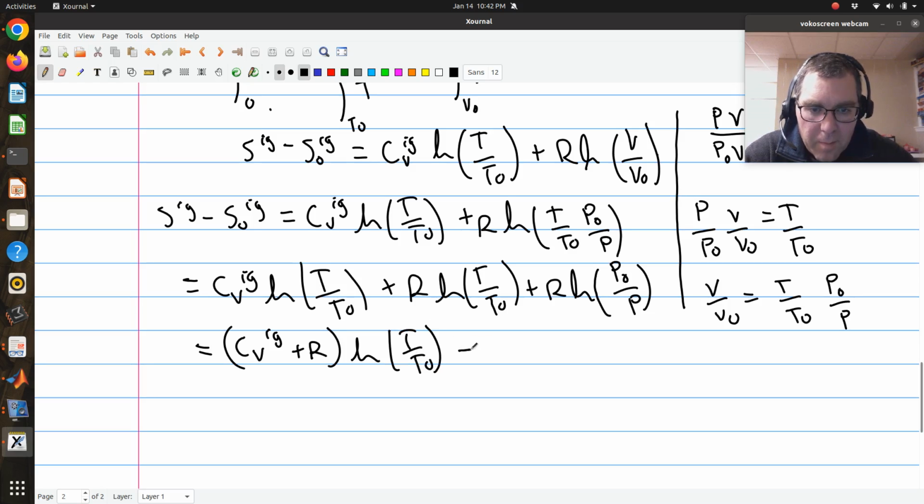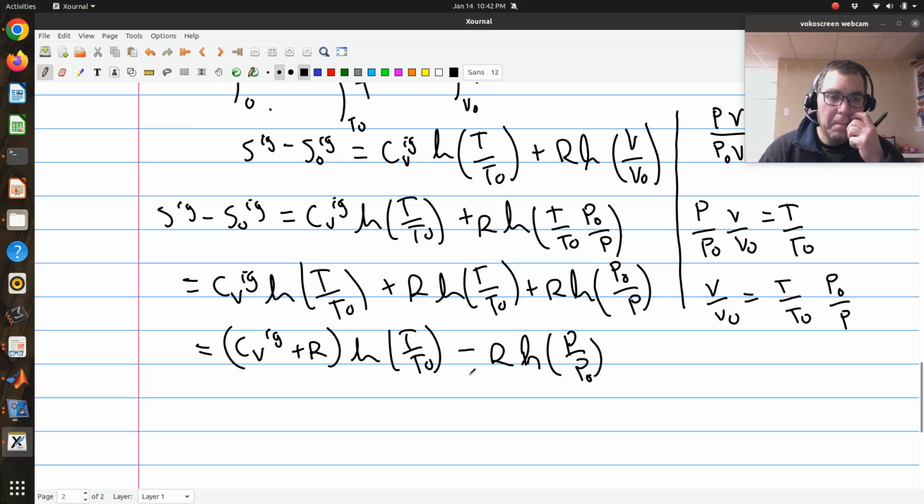And then I'm going to use a negative sign to flip this, so log P over P naught, just so I keep it at P over P naught, just like T over T naught. Cool. Just doing a sanity check. Yeah, because I've got the negative sign.